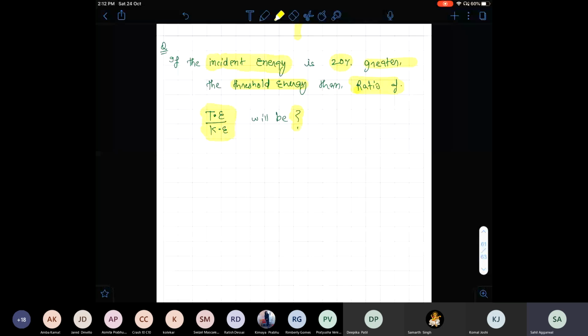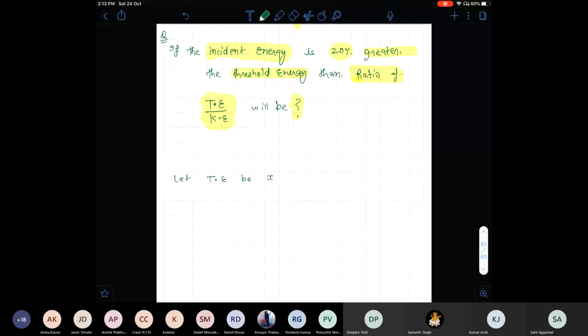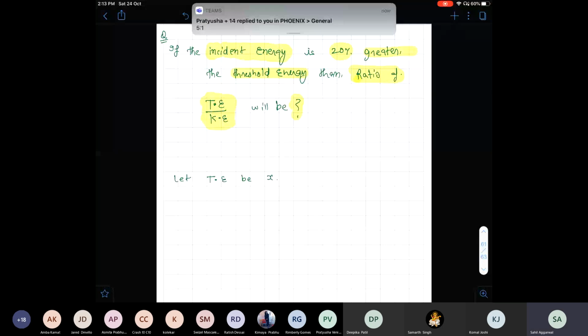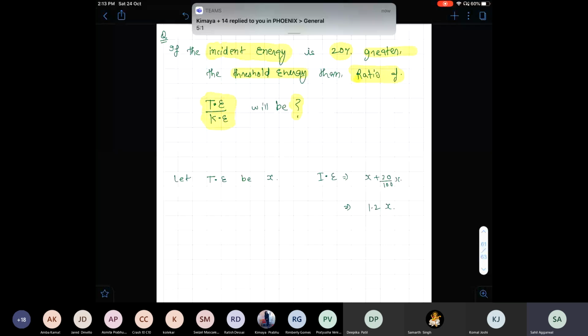So let threshold energy be X. Then incident energy will be X plus 20% of X. That means 1.2X.